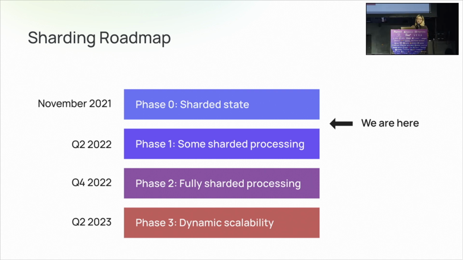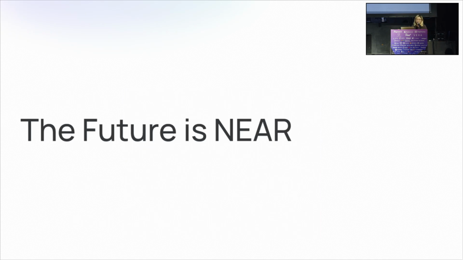That means there's no need for any node in the system to track all shards. And sometime next year, we're going to enable dynamic resharding, where the different loads among different shards will be rebalanced automatically and dynamically on-chain according to live traffic. So the full power of sharding will be unlocked, and the NEAR blockchain will become limitless. And that is the end of my talk.